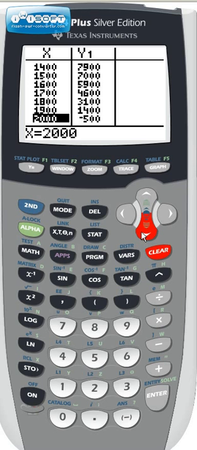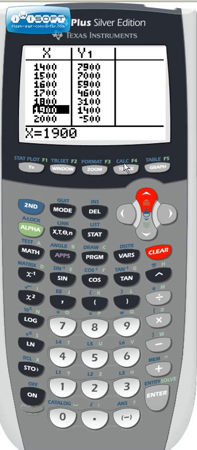And as I'm decreasing, I see that there again, when x equals 1900, my daily profit is 1400. So I have two solutions that I've found numerically without doing any algebra. X equals 100 and x equals 1900 gives me a daily profit of $1,400.